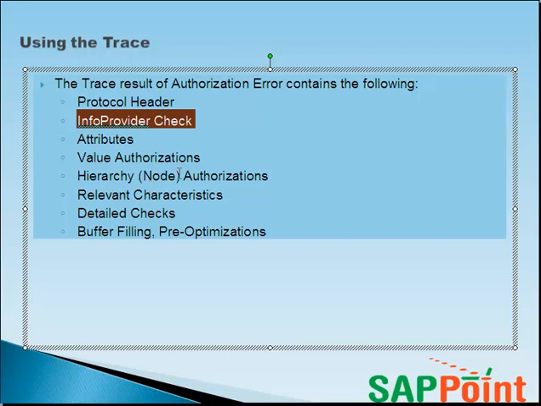This is nothing else than a check for a sufficient combination on the mandatory info objects. That is the three characteristics which are needed for info provider, activity, and validity. So this would contain checks for those characteristics.